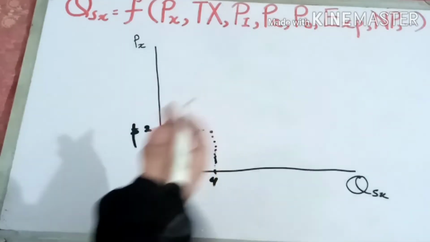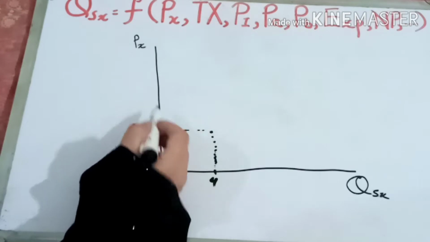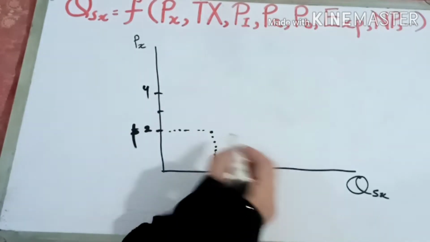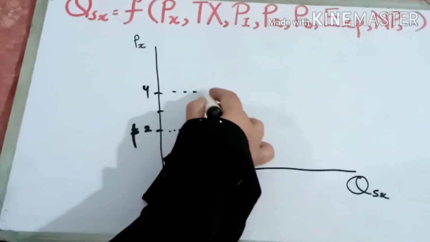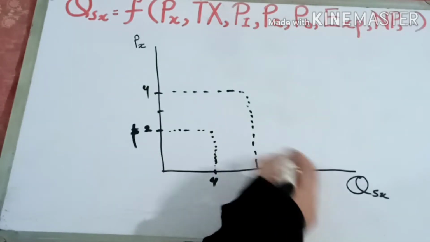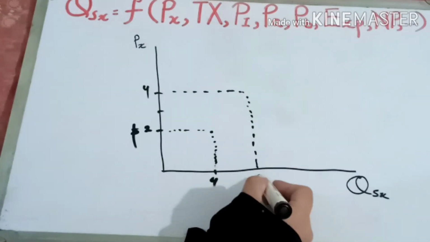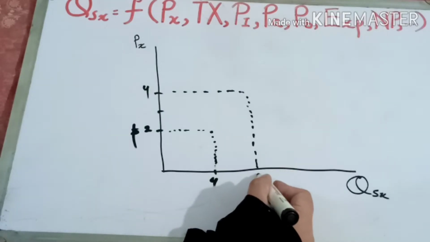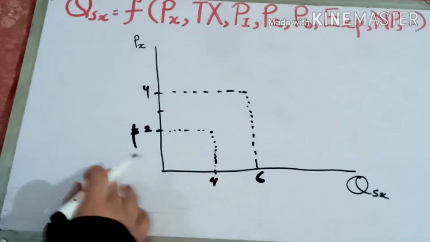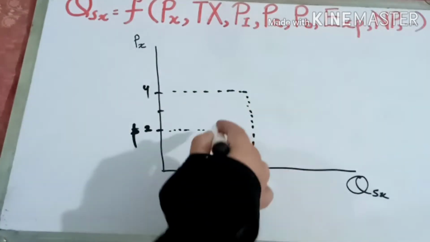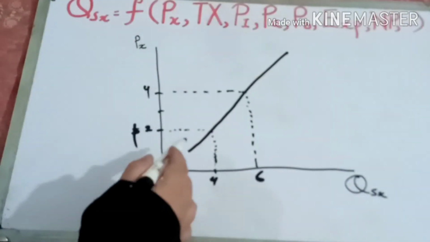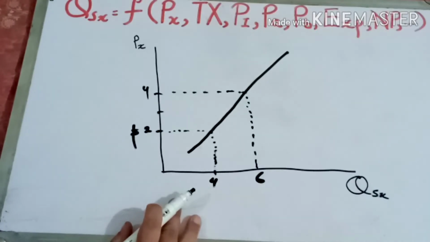But due to some factor, if the price of the product is raised to $4, now the suppliers are willing to supply 6 units of the product. So this kind of relationship, which slopes upward, is the direct relationship.